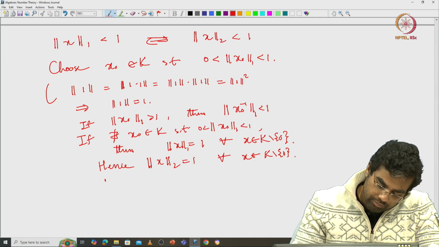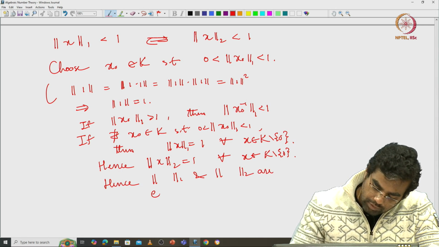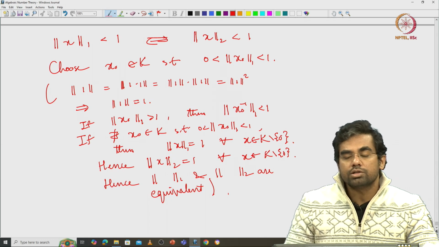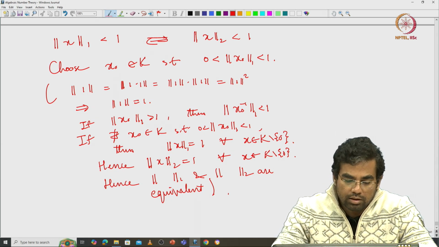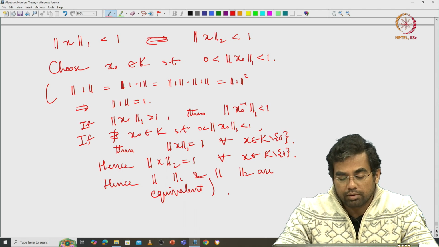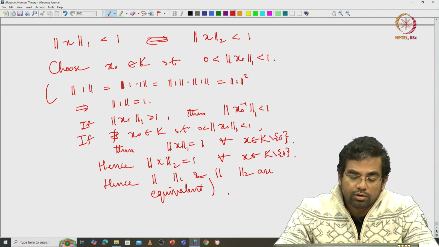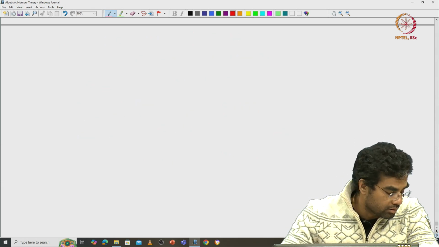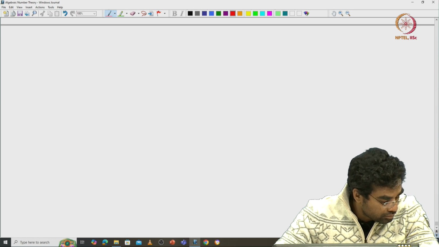And hence valuation 1 and valuation 2 are equivalent. So, this is the trivial case, right. If the valuation is 1 for every non-zero element of K, then they are trivially equivalent. Okay. If that is not the case, then we can always choose such an x 0. So, that is a bit pointed, but anyway this is what it is, right.